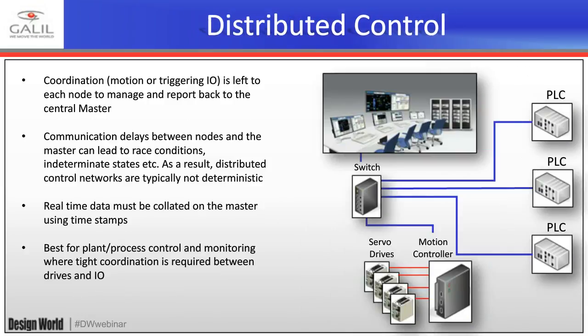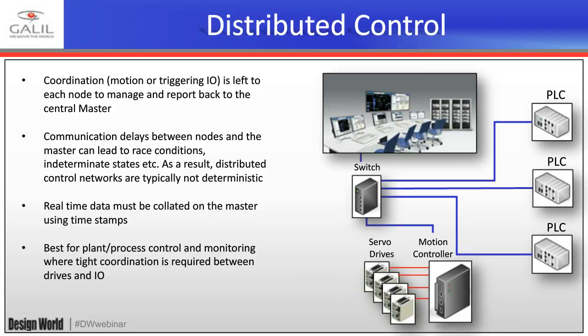Alternatively to centralized control is the distributed control scheme. In this scheme, essentially, we can think of it as the left hand doesn't know what the right hand is doing. You have a central node, a master node, and think of something like a power plant control and monitoring station.